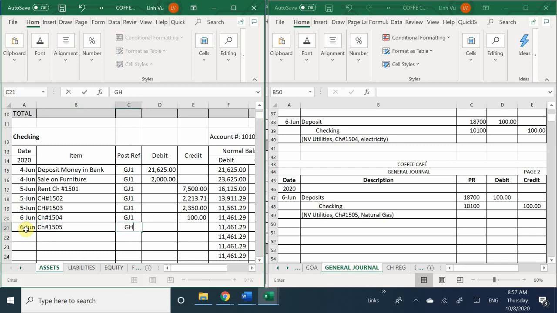My general journal number 2. And this time I also credited another $100, which should drop my account to now $11,361.29. So this is the point in time where you should go ahead and hit that save button.